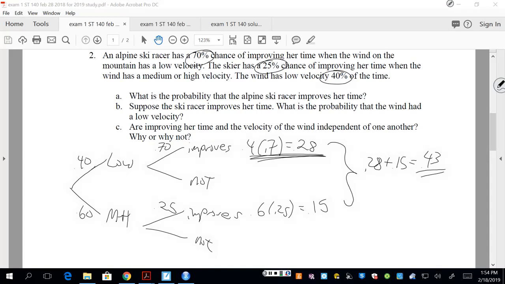So what fraction of the time is she up here, given that she's in one of those two? So what's the probability the wind is low velocity, given that she's improved? Well, there's a 0.28 over the 0.43 is the answer to that one, which is a little bit higher than 40%, because improving is more associated with the low velocity.